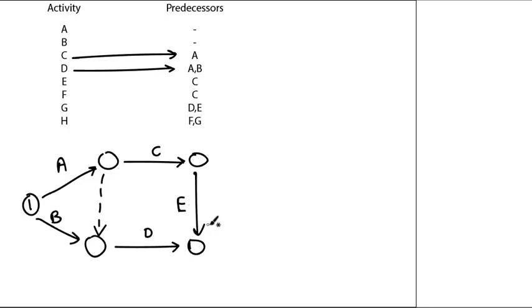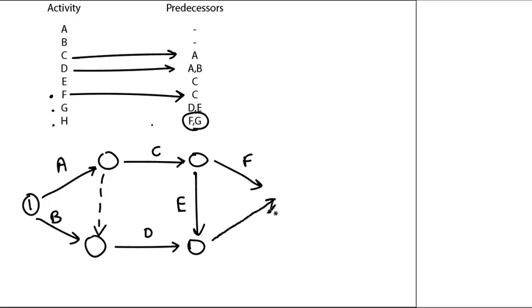Now E has come. There is F in balance. So G will come from D and E. F is coming from C, as you can see here. G is coming from D and E, and H starts where F and G are meeting.